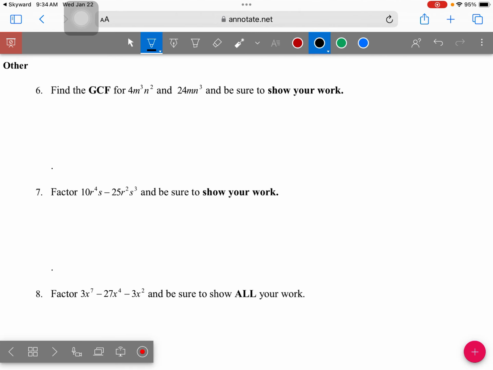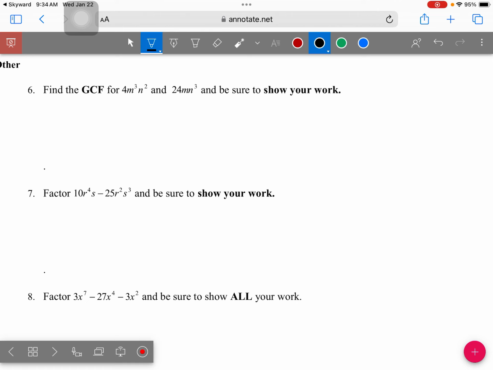All right, let's do number 6. Find the greatest common factor for 4m to the third n to the second and 24m n to the third. Be sure to show your work. All right. Greatest common factor.